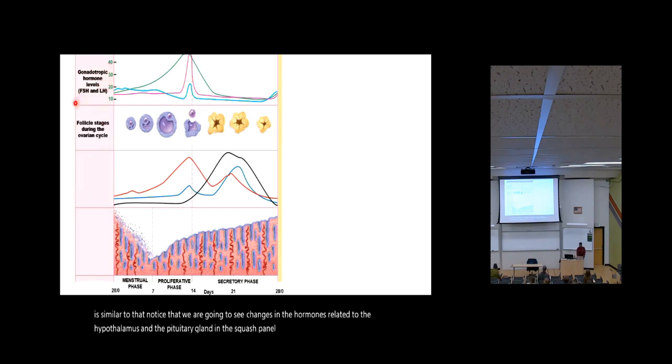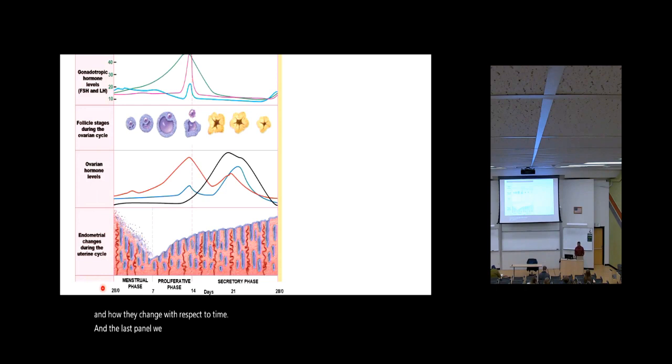The second panel, we see how in the ovary the various stages of follicles are developing with respect to time. And then in the third panel, we see what are the various ovarian hormones which are produced and how they change with respect to time. And the last panel, we see how the endometrial lining in the uterus is going to change with time as well. Right?